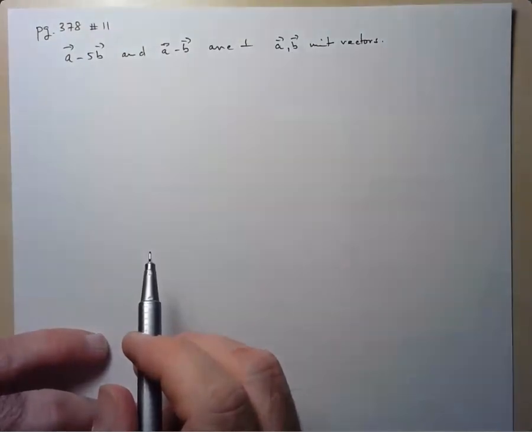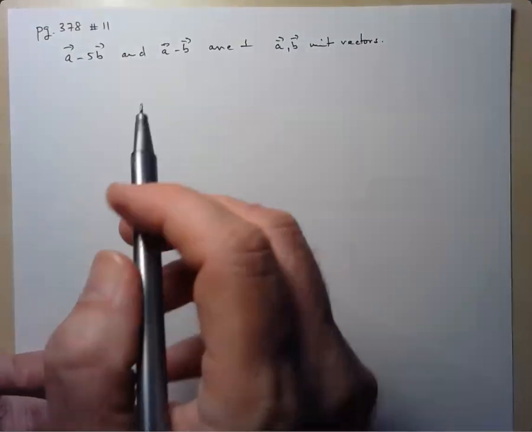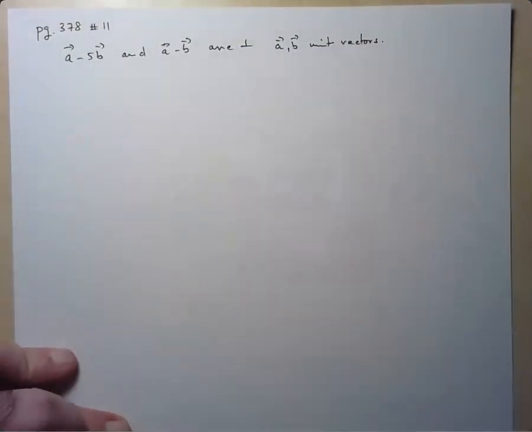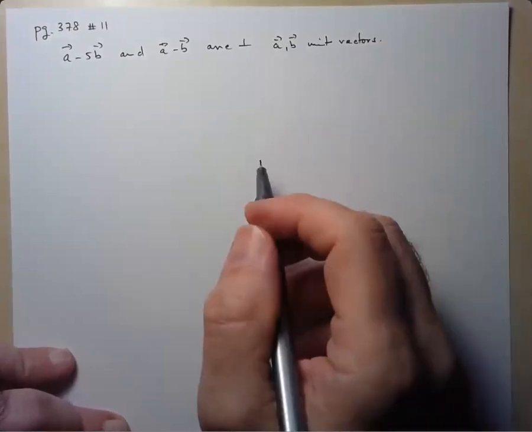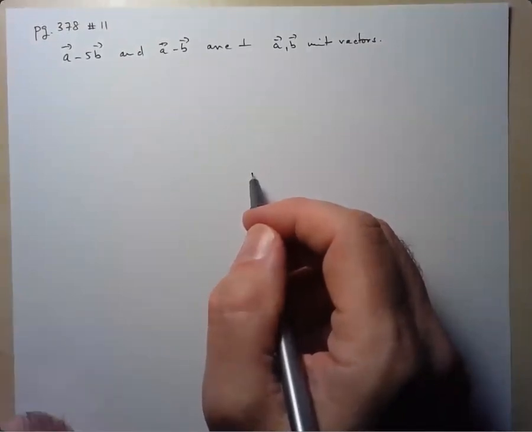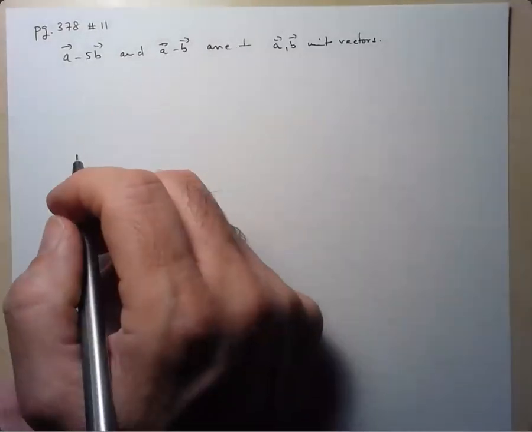And then it says determine A dot B. Now, the problem here is that I don't really have that much information about A and B. I know they're unit vectors, so I don't have them given algebraically, so that's not really going to be helpful to me.